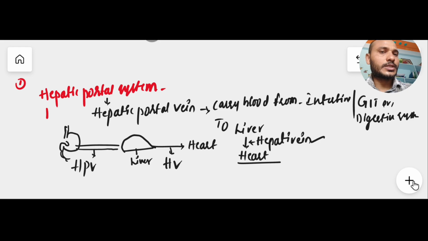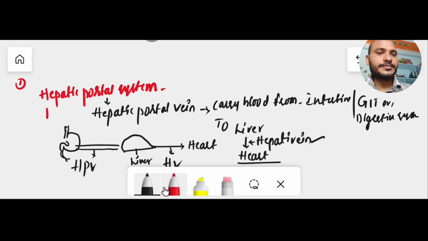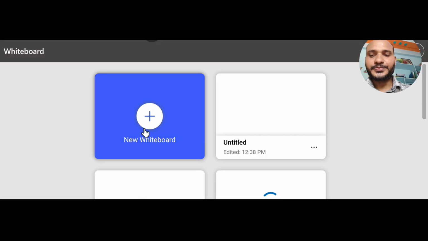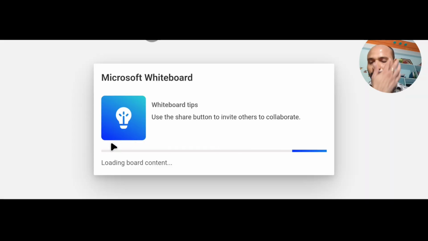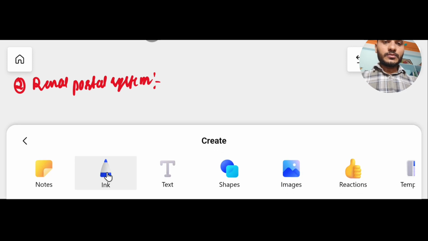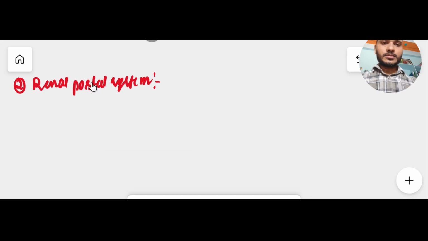Now coming to one more system, that is the renal portal system. The second one is the renal portal system, in which we have a portal vein, the renal portal vein.